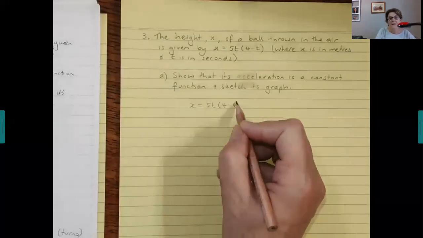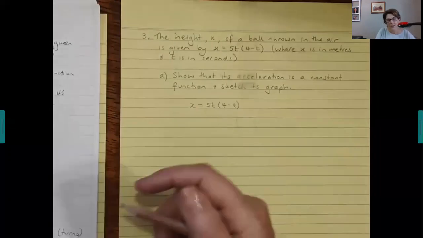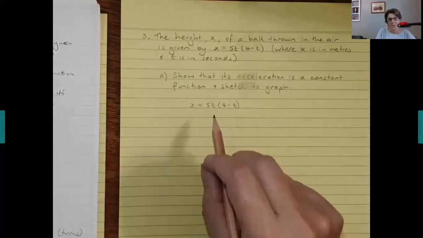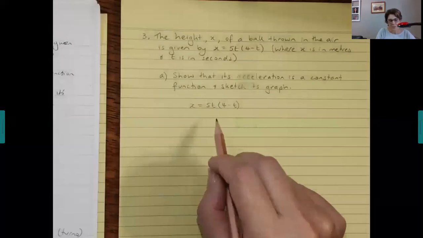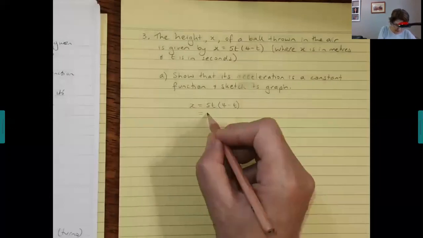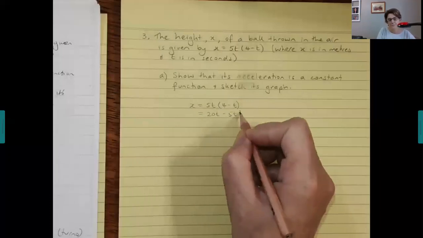Now, to find the acceleration, we're going to obviously have to differentiate twice, the second derivative. If you have a look at this function, at the moment it's set up like you'd have to do the product rule, but that would be really silly because if you have a look, this is just merely that.